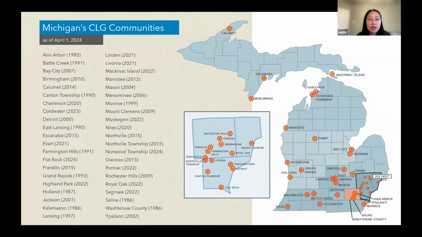Okay, next question. With 81 communities already having their local historic district ordinances, and with 42 communities recognized as CLGs, there are over 40 more communities that can maybe qualify for CLG status. How many of them are in line for approval?